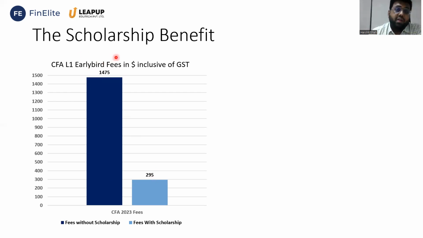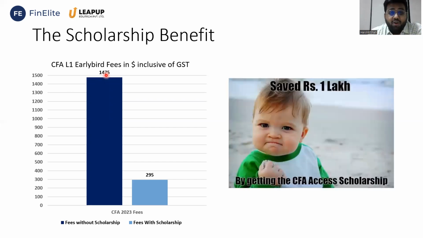If you were going to do the regular intake, it will be more expensive than this too. But I'm assuming that everyone out here is sane enough to go in for the early bird fees. So yeah, you save $1,180. You multiply that with the current USD INR rate, and you save 1 lakh rupees. Yes, that's a huge amount you save if you receive the scholarship.